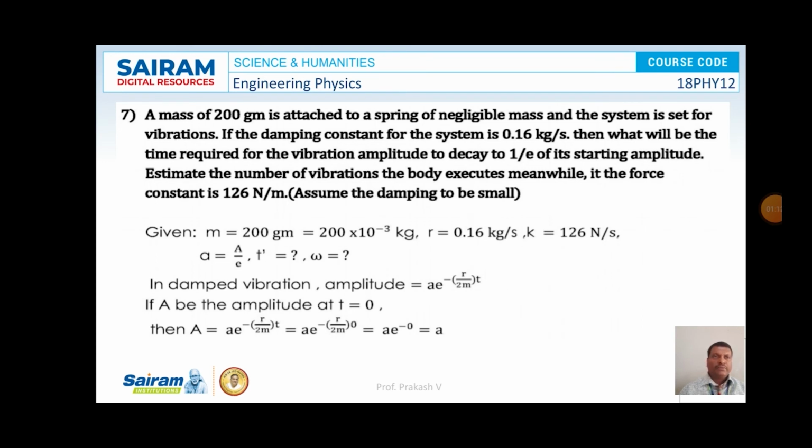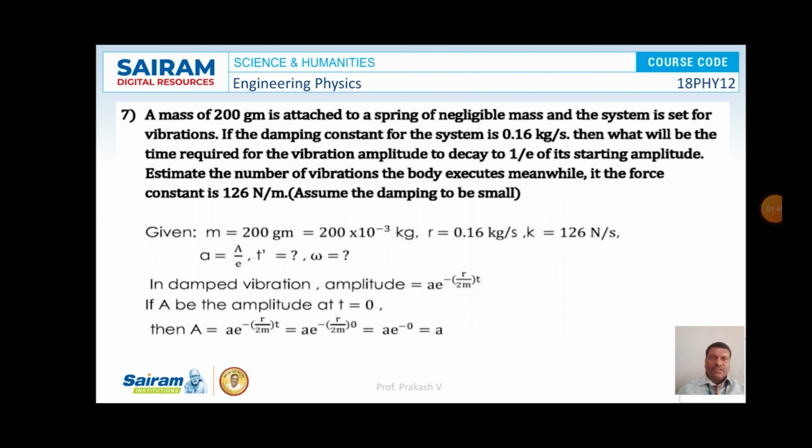Estimate the number of vibrations the body executes. Meanwhile, if the force constant is 126 Newton per meter, assume the damping to be small. Given M is equal to 200 grams, that is 200 into 10 to the power minus 3 kg, R is 0.16 kg per second and K is 126 Newton per meter.